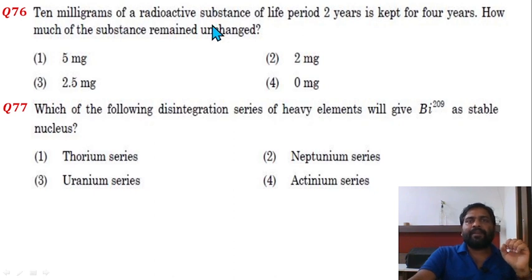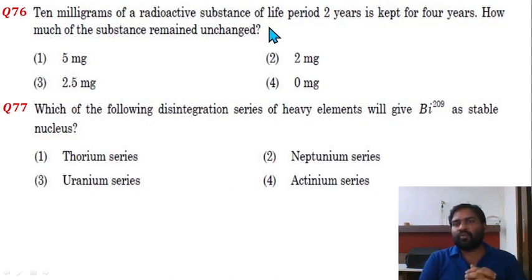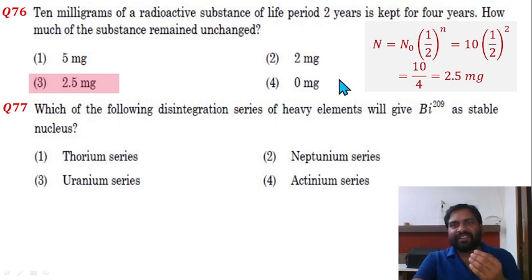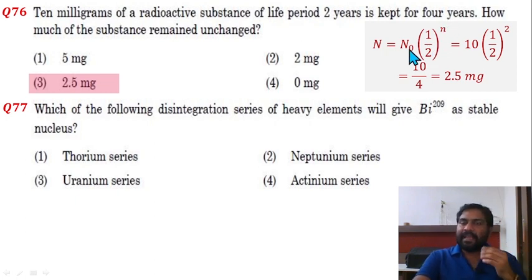Question 76. 10 milligrams of a radioactive substance of half-life 2 years is kept for 4 years. How much of the substance remained unchanged? That is, how much substance amount has not decayed? For the remaining or unchanged amount, N equals N naught times 1 divided by 2 raised to the power n, where n is the number of half-lives and N naught is the initial amount.